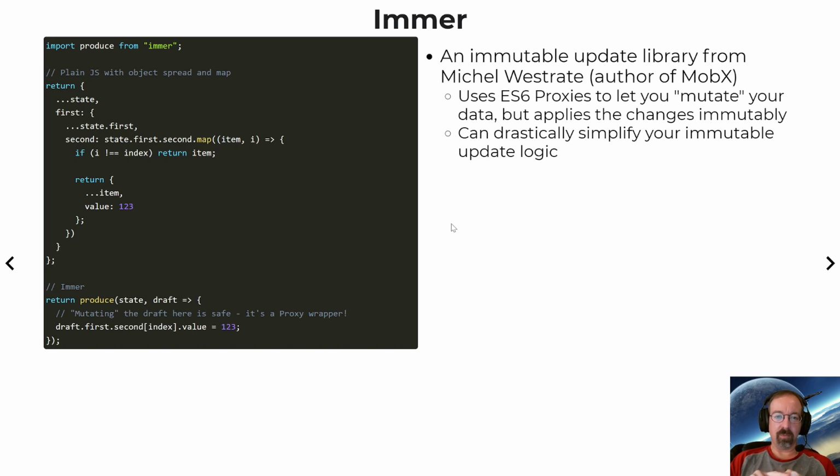And the way this works is you call this function that's normally known as produce. You pass in your original value as the first parameter. And the second parameter is a callback that gets what looks like this exact same value as its argument. And inside of there, it is safe to actually mutate that value.